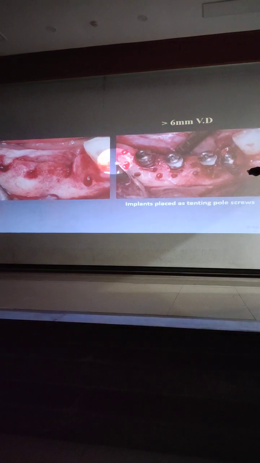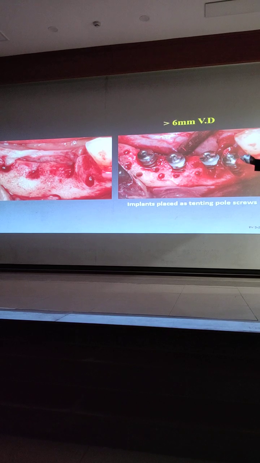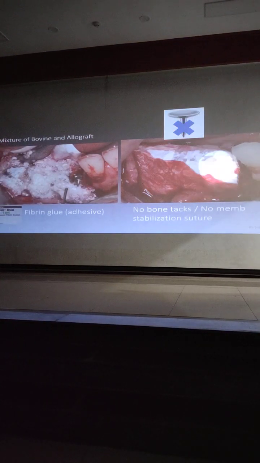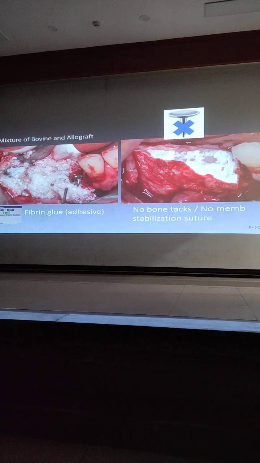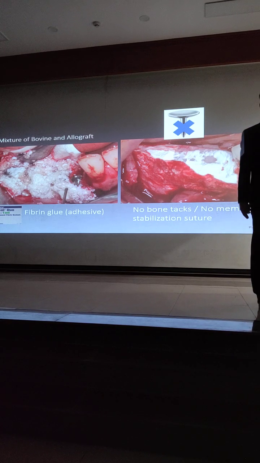And the implants were intentionally exposed about 5 to 6 mm vertically. And the bone was grafted. A titanium reinforced barrier was placed simply without membrane tacks or membrane stabilization screws. You don't need to stabilize the membrane as long as you use sticky bone.